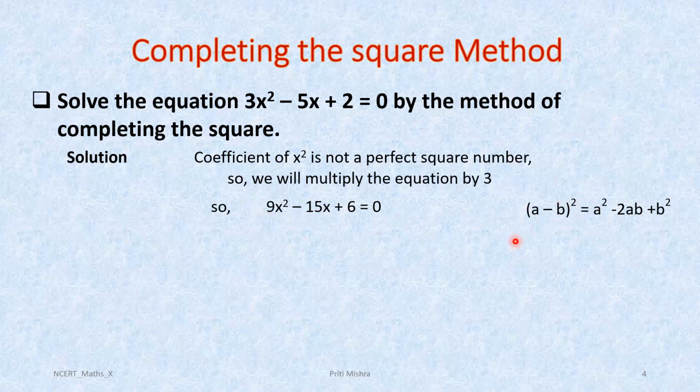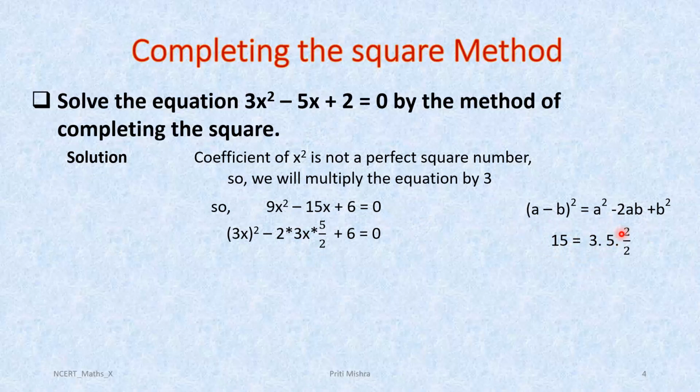Now we will try to write this middle term 15x in the form of 2ab. As you know, 15 can be written as 3 into 5. Now as we have to write the middle term in the form of 2ab, here 2 is missing. 15 can be written as 3 into 5, but 2 is not there.